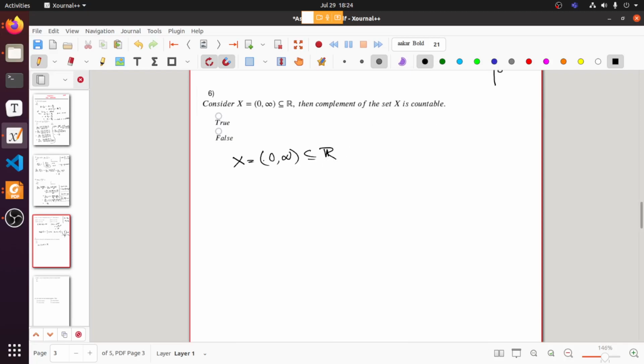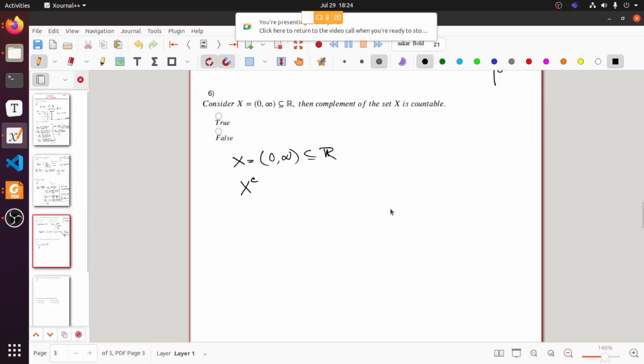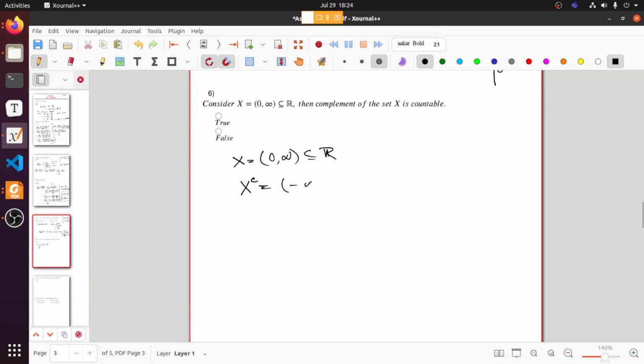So the x complement will be minus infinity to 0, right? You have to say whether x complement is countable or uncountable. It will be uncountable, right? So this option will be false.